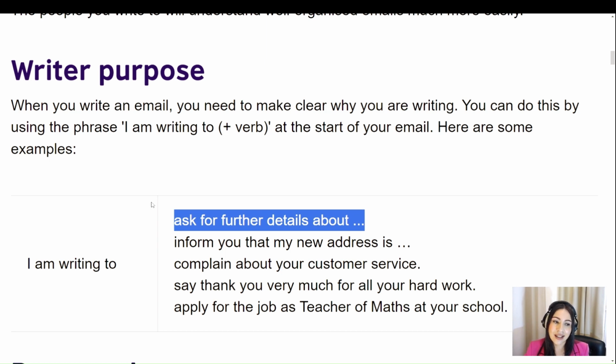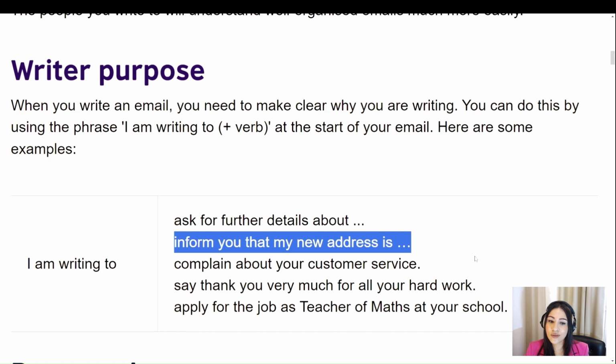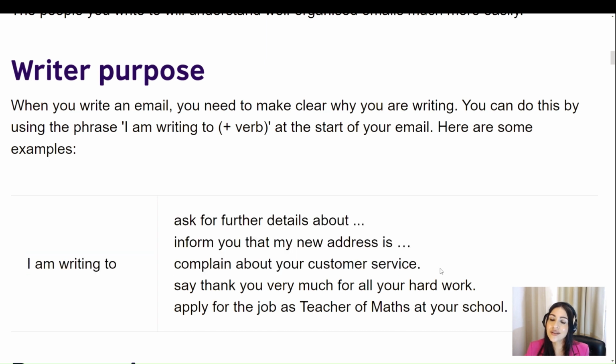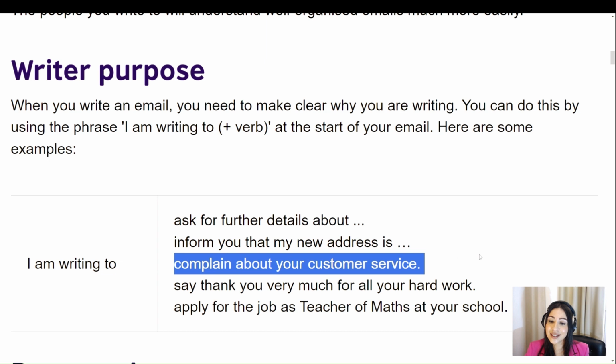Here you can see that the purpose of this email is an inquiry. I'm writing to inform you that my new address is an information email giving details. I'm writing to complain about your customer service. Here we can see this is going to be a complaint email.